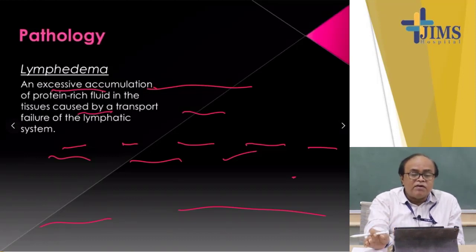Lymphedema, this is the pathology, this is what we are concerned with. Lymphedema is the excessive accumulation of protein-rich fluid in the tissues caused by a transport failure of the lymphatic system. As I have told you earlier, it is a failure of the transport system of the lymph to the venous circulation.